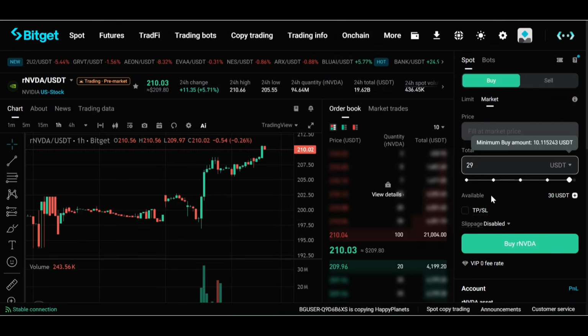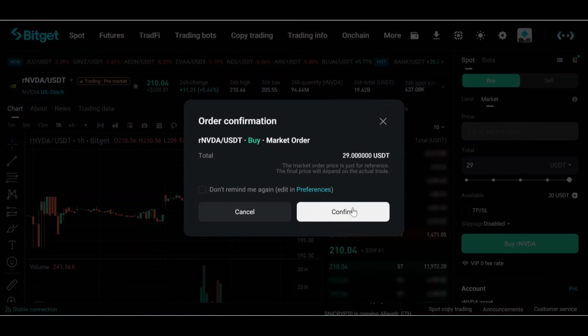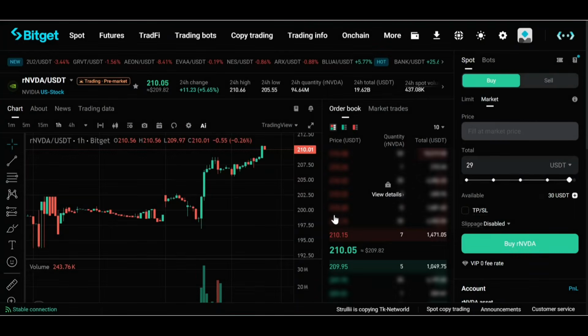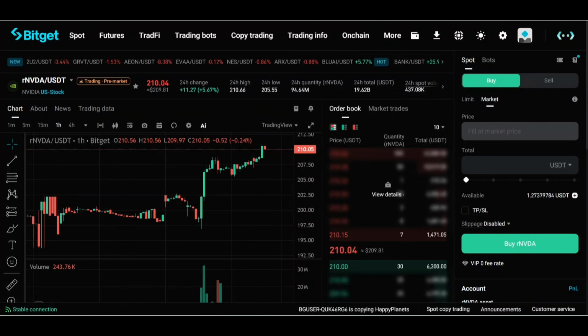It's slightly off, but still a decent entry point. So when we click buy rNVIDIA, this screen pops up for order confirmation, and then you can hit the market buy, and then boom, bada bing, bada boom. You now have your asset in rNVIDIA, right?